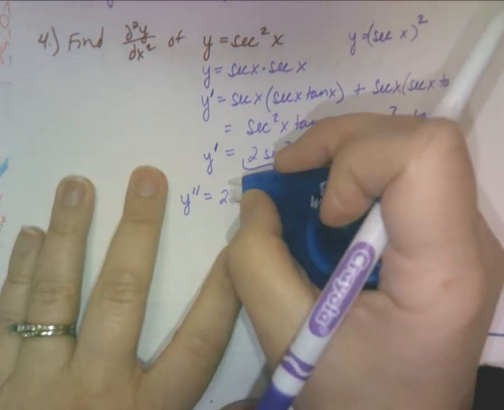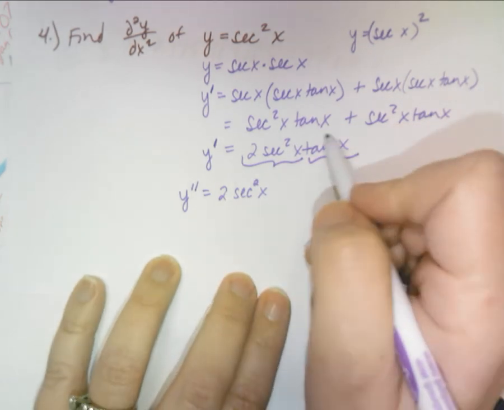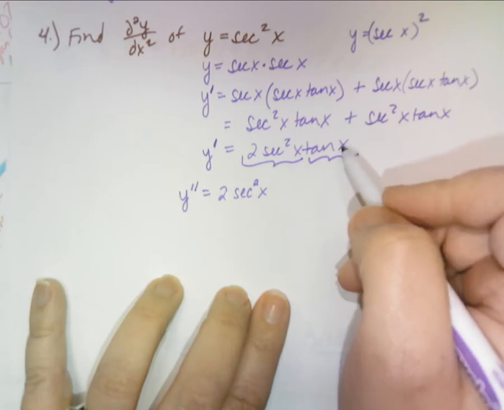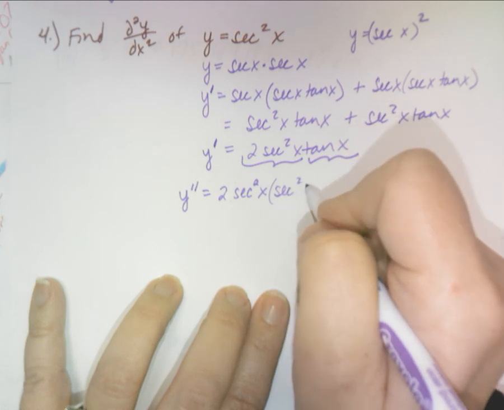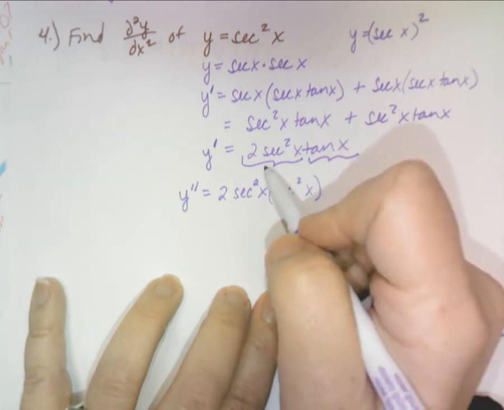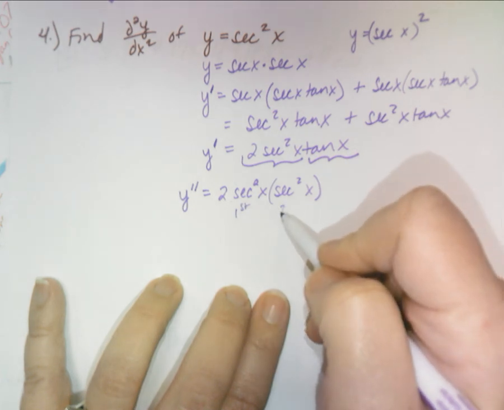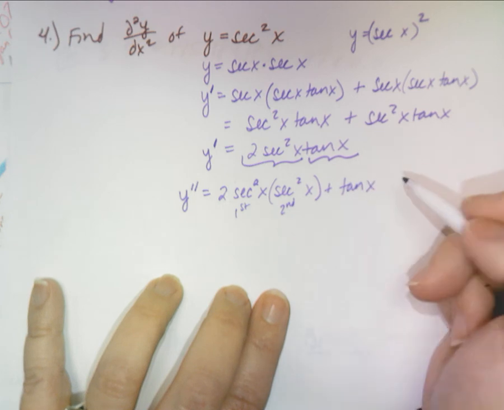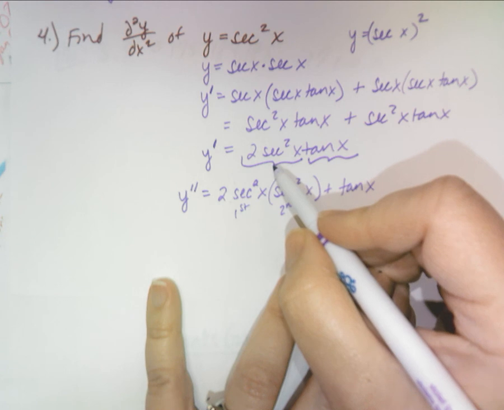Excuse me while I white it out. First times derivative of the second, which is tan. So the derivative of tan, again, if you look at your sheet, is secant squared x. First times derivative of the second, plus second times derivative of the first.